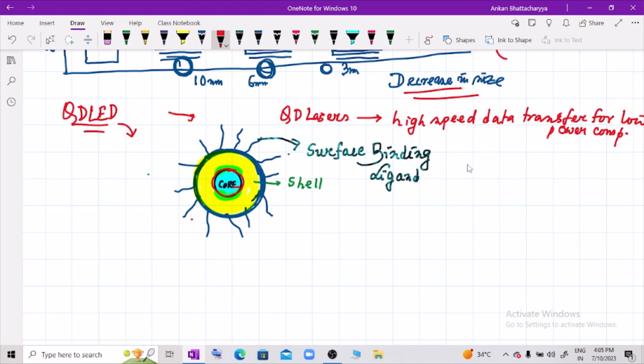The surface binding ligand covers the surface defects and surface ions of the shell and thereby protects the quantum dot from oxygen and moisture. So it is also an important layer, and it is usually made from oleic acid and oleylamine. Okay, so these are some things regarding the quantum dot structure. So you can put the heading as QD structure.